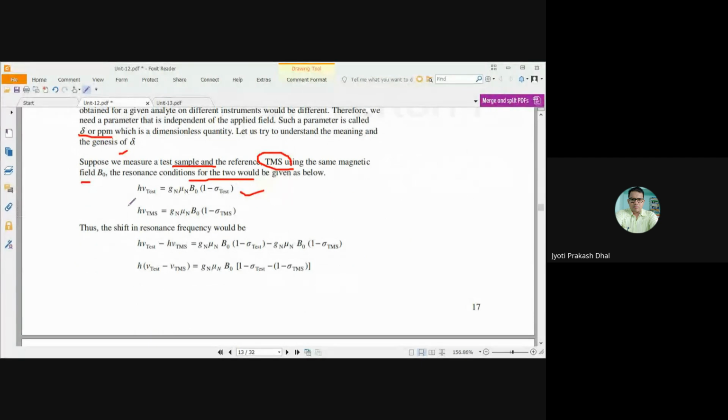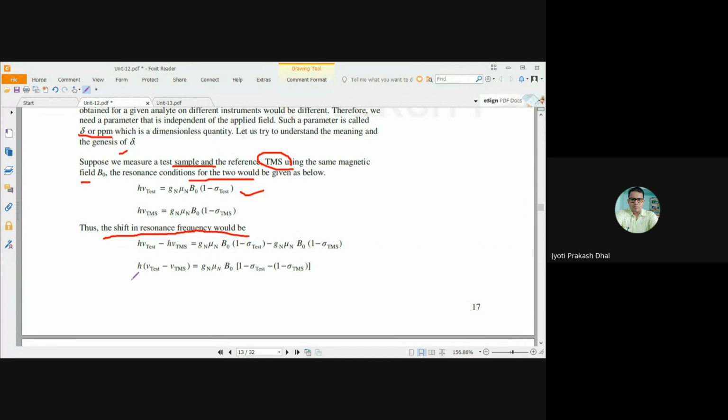The reference will undergo resonance at a frequency nu TMS, and hence h nu TMS equals gamma n mu n B naught whole into 1 minus sigma TMS. Thus, the shift of the resonance frequency will be h nu test minus h nu TMS, that is gamma n mu n B naught whole into 1 minus sigma test minus gamma n mu n B naught whole into 1 minus sigma TMS.